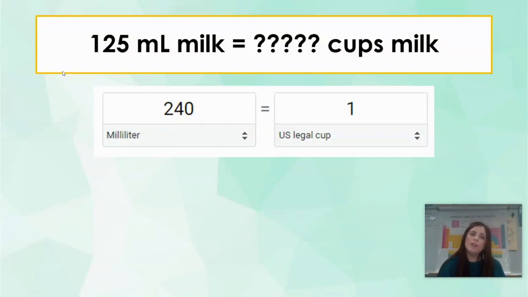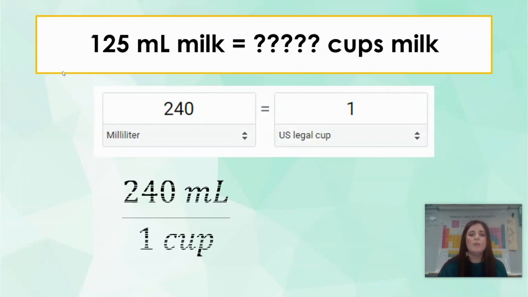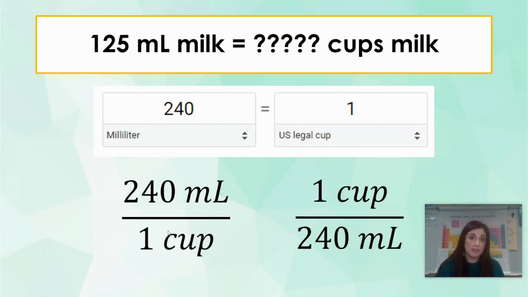So we know that 240 milliliters of milk is equivalent to 1 cup of milk. We can represent that in one of two ways, by writing a ratio or a fraction. We can say that 240 milliliters of milk over 1 cup of milk, so I just did one on top of the other, or I could flip it and show that 1 cup is over 240 milliliters.